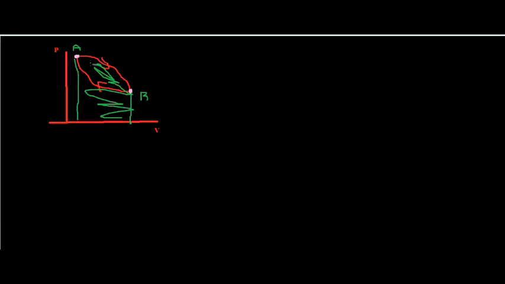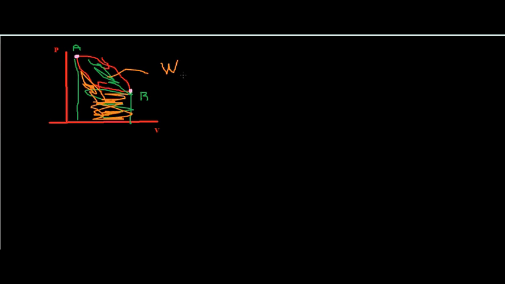And then let's say we're going from B to A. The work is being done on the gas, and the total work for that would be everything under this area for the work being done on the gas. So you have this area that's left, and this area is called the net work done by the system.